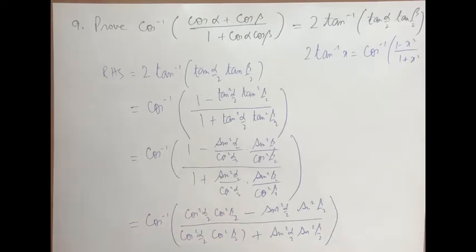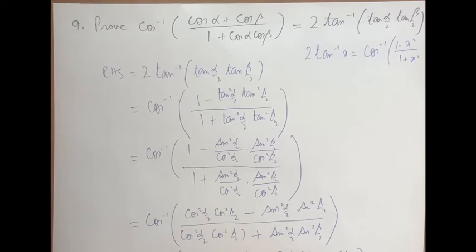So we multiply each term by 4. This is cos inverse of, this can be written 2 cos square of alpha by 2 into 2 cos square of beta by 2 minus 2 sin square of alpha by 2 into 2 sin square of beta by 2. Same here, 2 cos square of alpha by 2 into 2 cos square of beta by 2 plus 2 sin square of alpha by 2 into 2 sin square beta by 2.